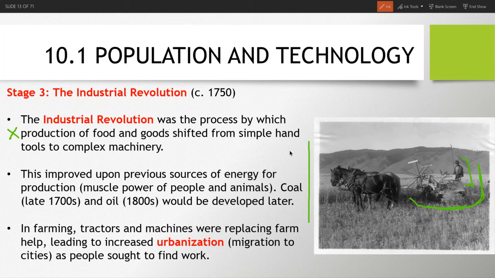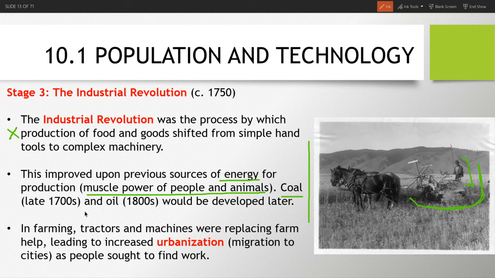And this is going to improve productivity in a wide range of areas in society. So this improved upon previous sources of energy for production, right? Muscle power of people and animals was used in the past. And eventually you would see coal being used, and we get steam engines and that kind of thing.